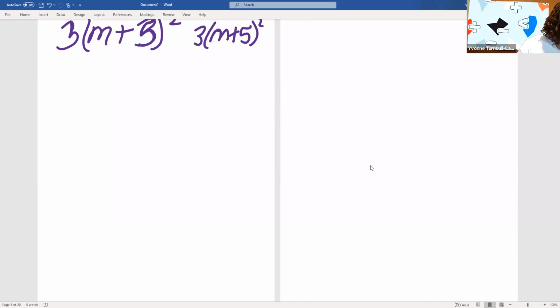Let's see if we can pick it up a notch. How about one where we have trinomials? That ought to be fun. Okay, let's see.